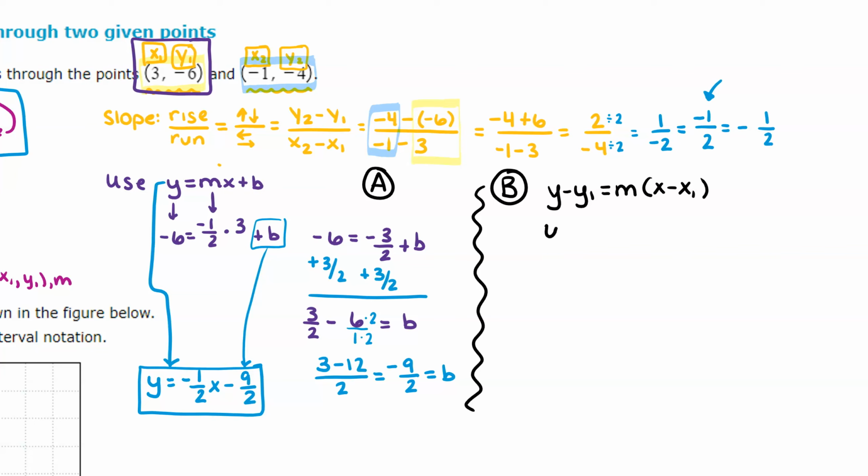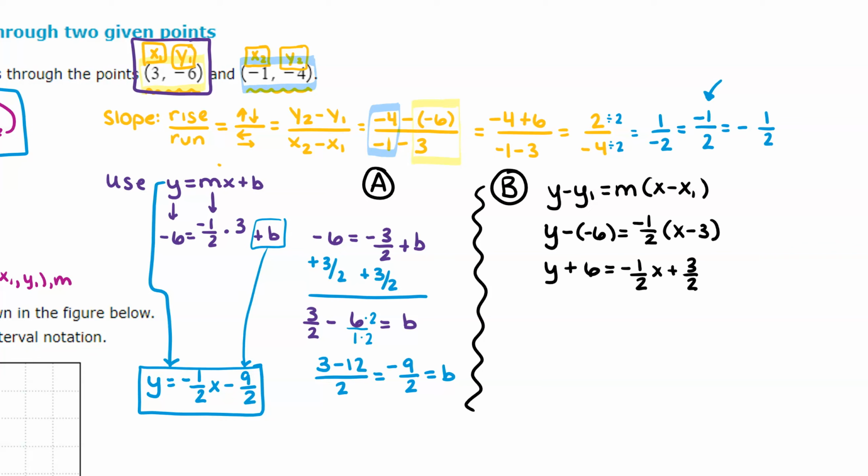So I have y minus -6 equals m, -1/2, times x minus 3. So y plus 6 equals -1/2 x. Now, -1/2 times -3 is positive 3/2.